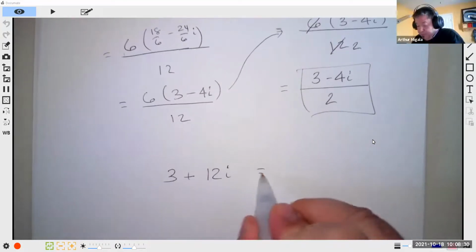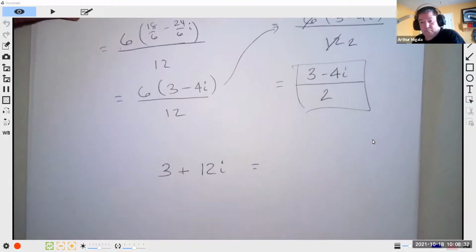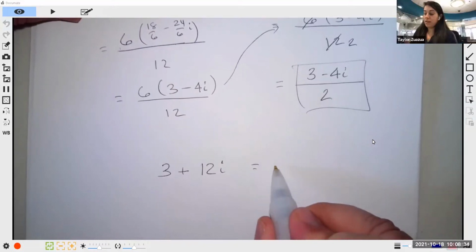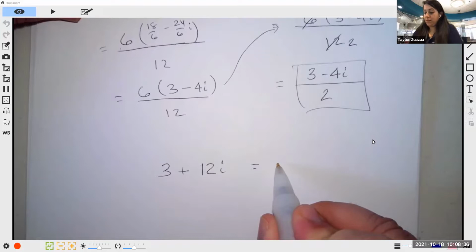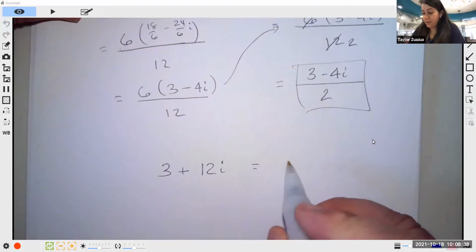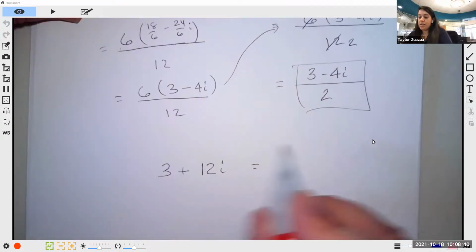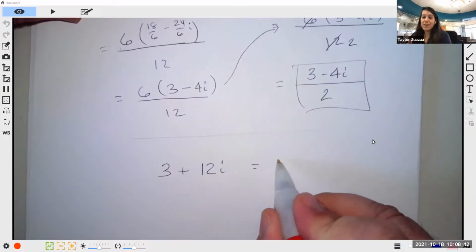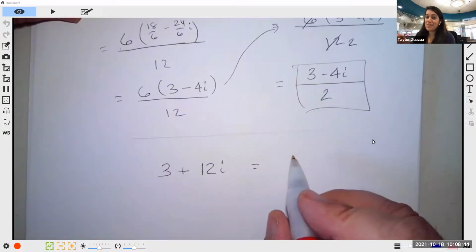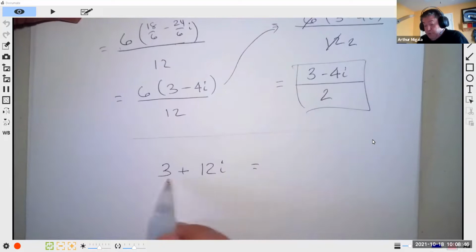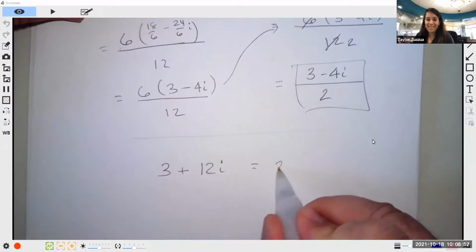Okay, how about this one? What can you factor out of here? 3 plus 12i. Well, first off, what do they both have in common? 3. Yeah, so we have a 3 in common.